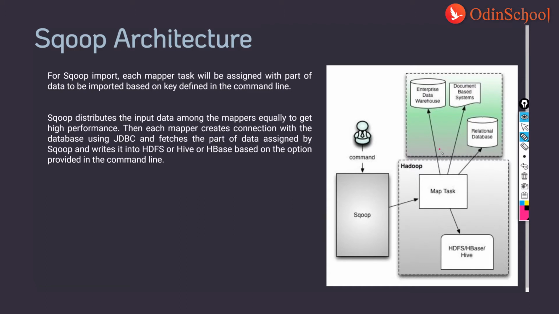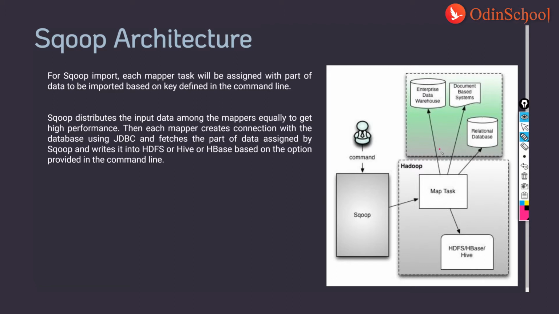So for Sqoop import, each mapper task would be assigned a portion of the data to be imported based on the key defined in the command line. You can define the key on which you want to start the import. This way Sqoop again does distributed processing. It will distribute the data among the mappers equally to get higher performance.